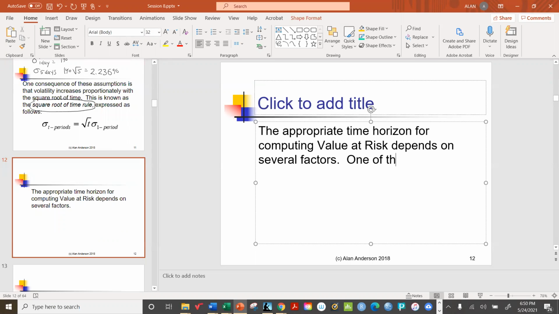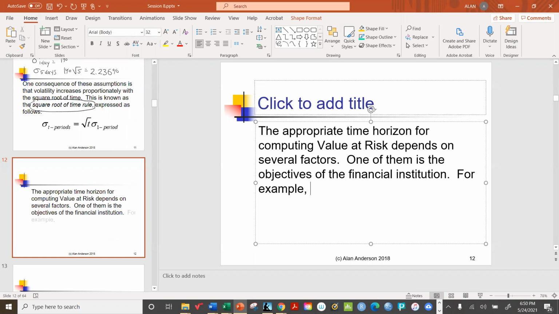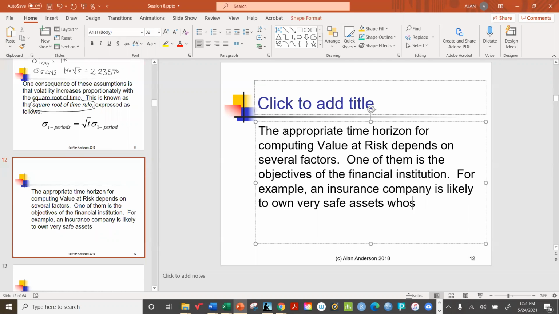One of them is, let's say, the objectives of the financial institution. For example, an insurance company is likely to own very safe assets whose values do not fluctuate very much.